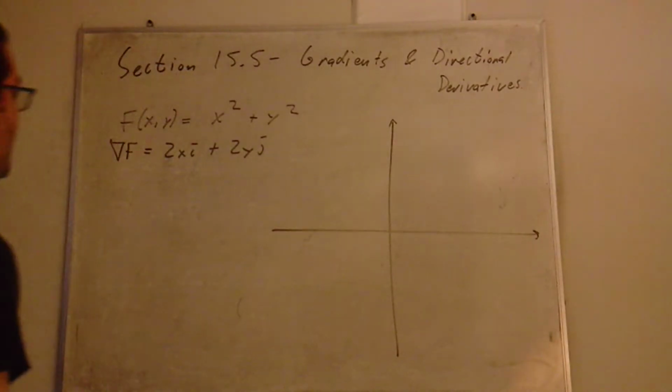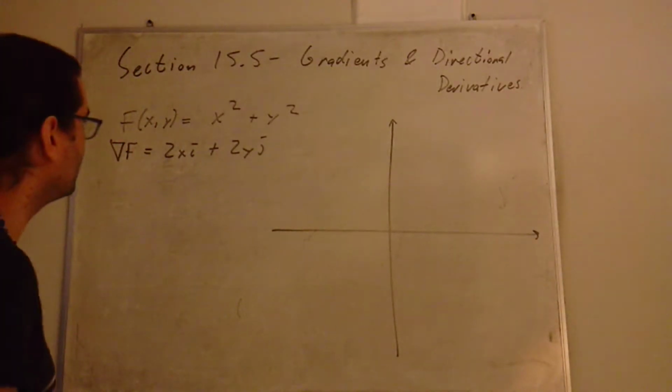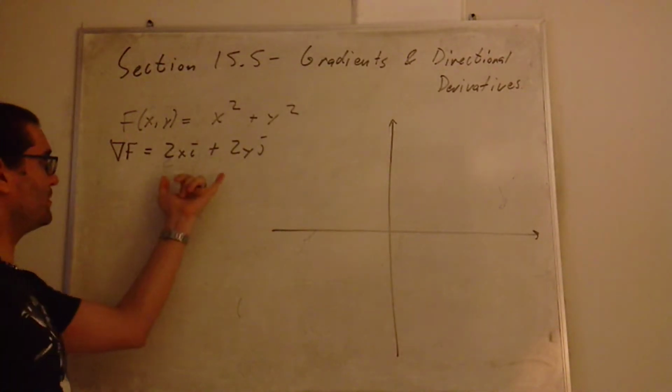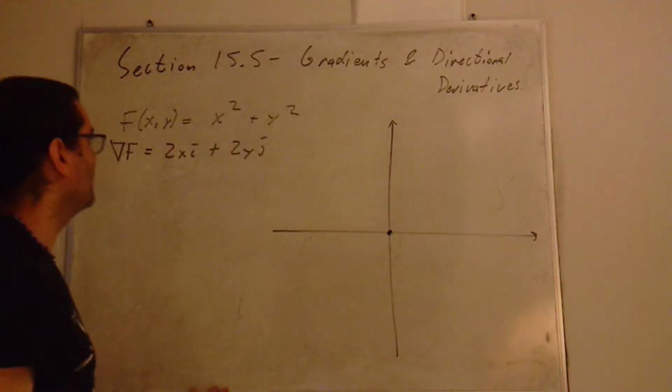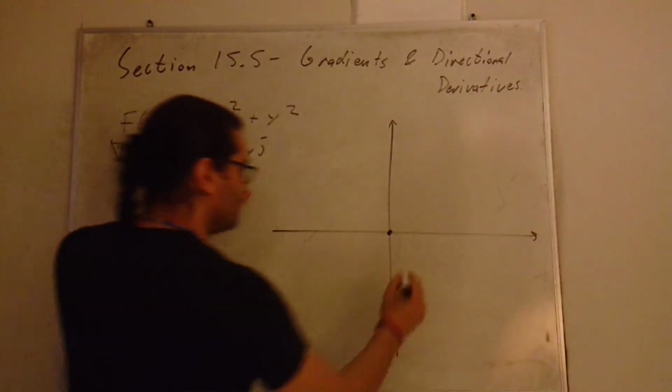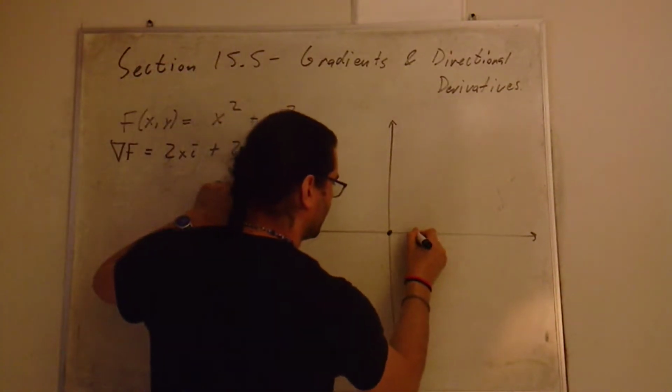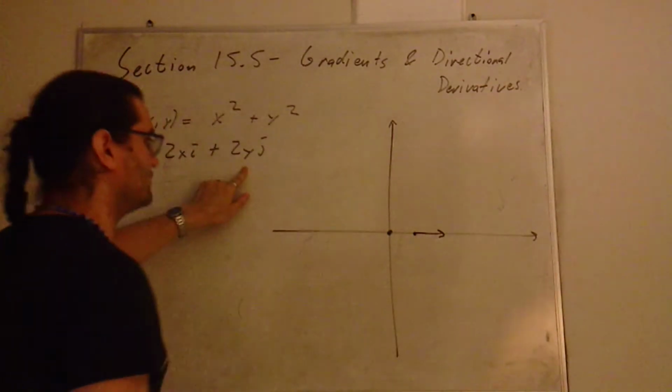So, I'm just going to pick some numbers, and we'll do vectors. If I plug in 0, 0, I get the vector 0, 0. If I plug in 1, 0, I'll get the vector 2, 0.